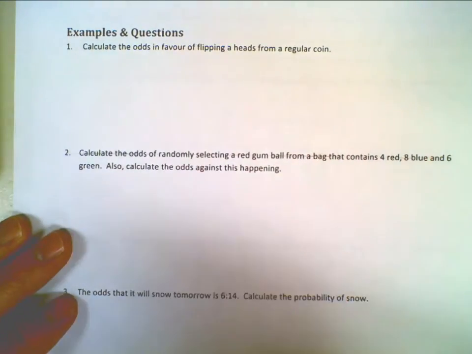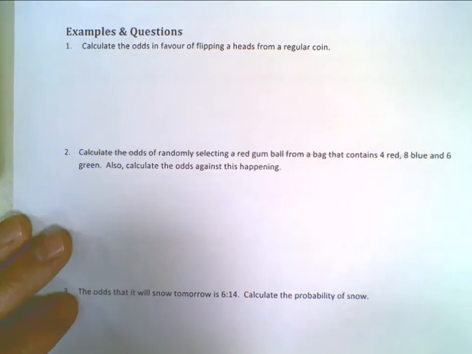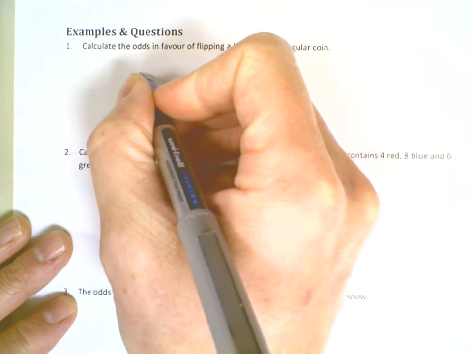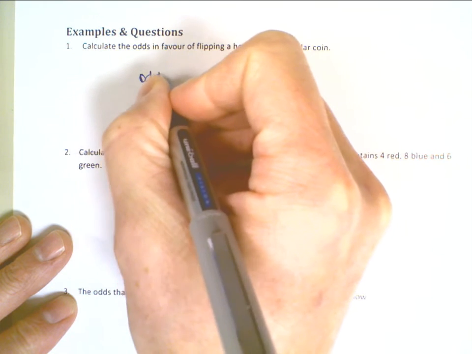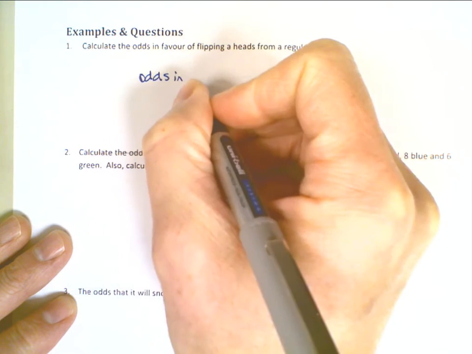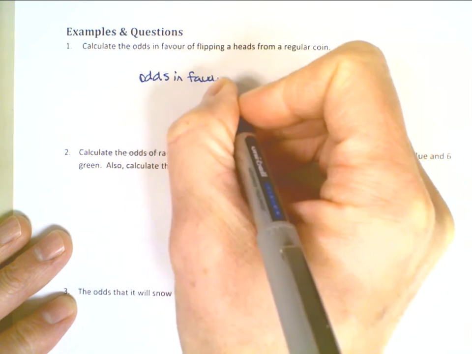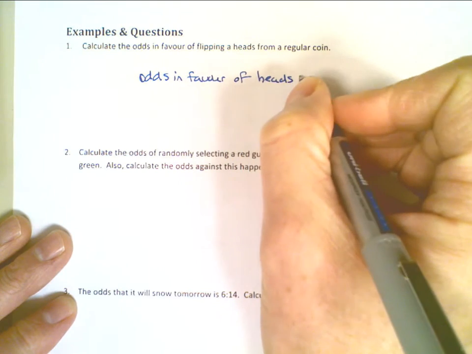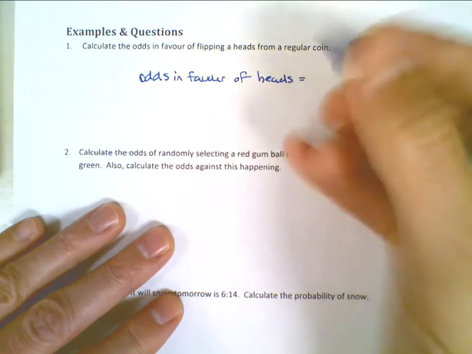So flipping the sheet over, calculate the odds in favor of flipping heads on a regular coin. So what we're going to do is we're going to say the odds in favor of heads equals, well, it's the probability of getting heads.